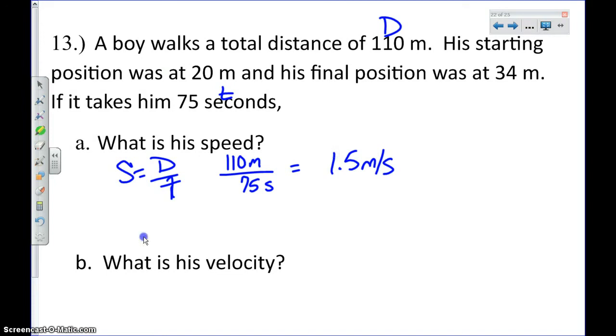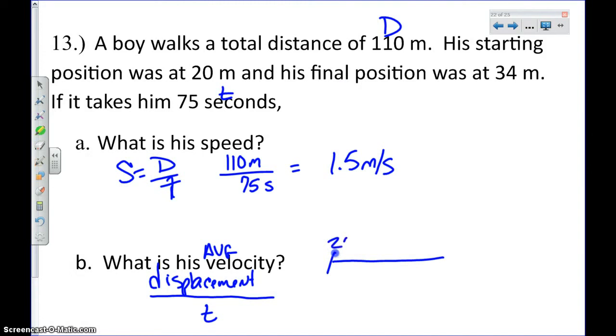That part was very easy. This asks for its velocity. Remember, velocity is going to be displacement divided by time, because it's asking for average. It doesn't say average, but it's asking for average. So my displacement is how far am I from the starting position. If I started at 20 and I ended up at 34 meters, it doesn't matter how far I walked, right?